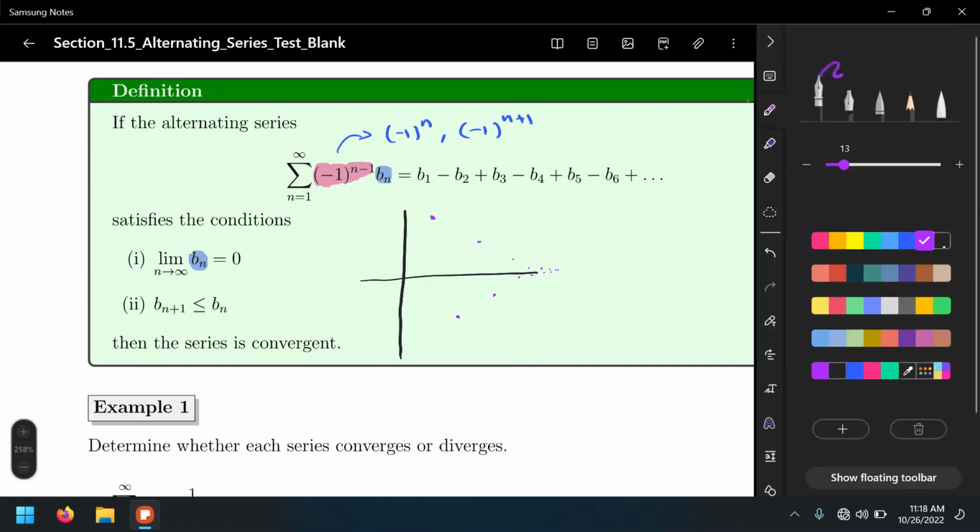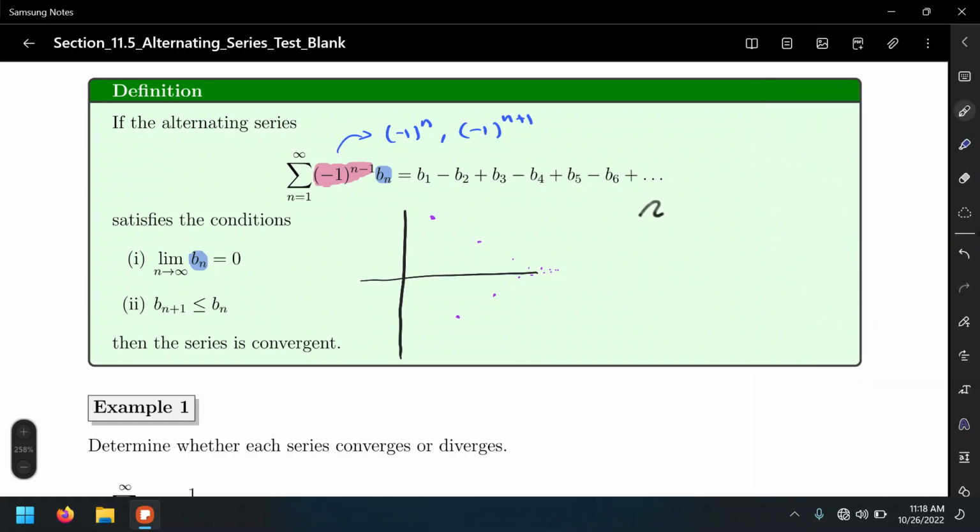However, check this out. Check the increasing case. So we start with +1, for example, -2, +3, -4, +5, -6. Do you see how this is blowing up to infinity? Positive infinity or negative infinity? That's an increasing sequence.